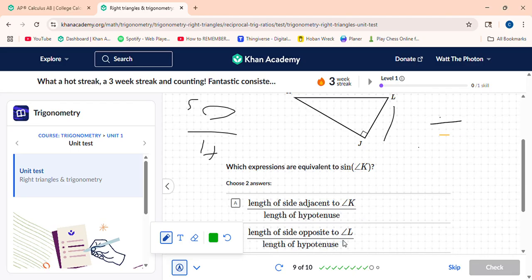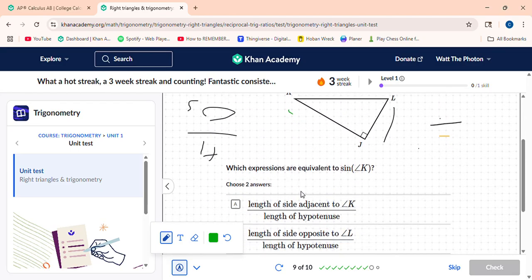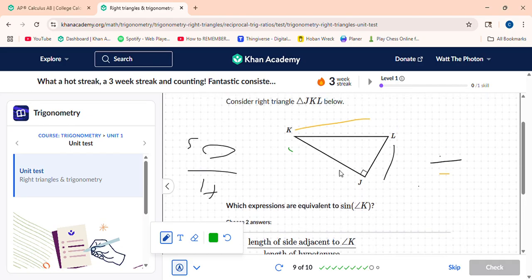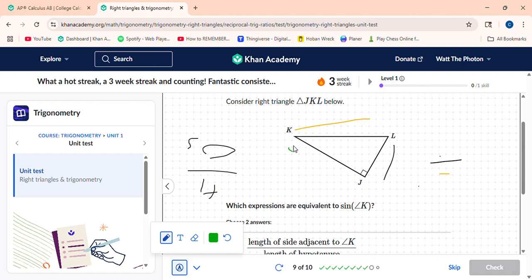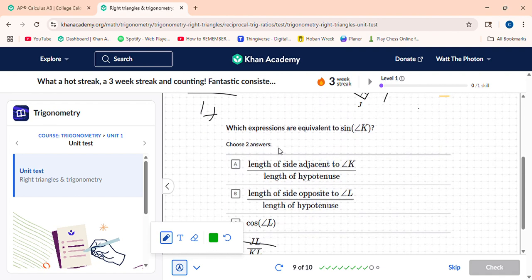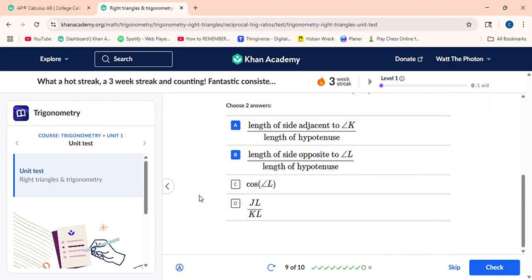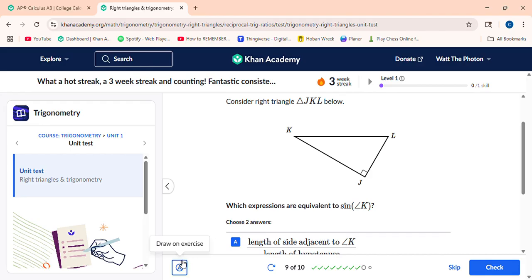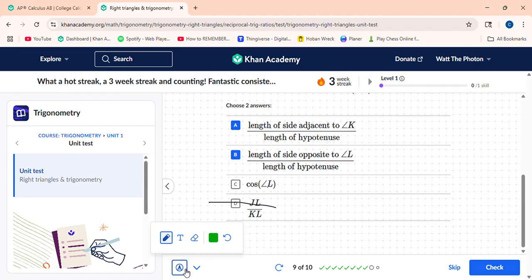Length of side opposite to L. Adjacent to K is equal to opposite to L. The cosine of L is adjacent over hypotenuse.